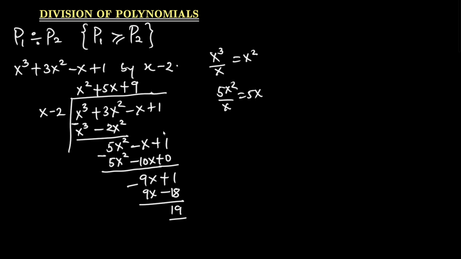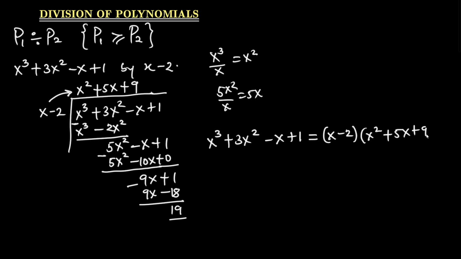Okay, so which means that your x to the power of 3 plus 3x squared minus x plus 1 can be written as x minus 2 multiplied by x squared plus 5x plus 9, then plus 19.